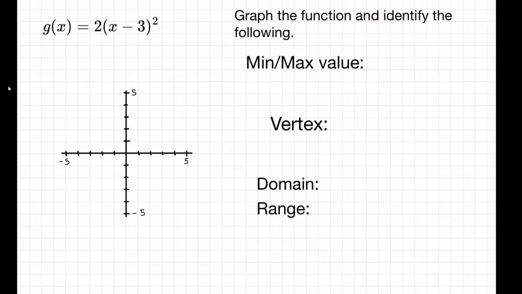All right. So when I go through this process, we would say, hey, I have a horizontal transformation here, where I'm going to shift right 3. But then I have a vertical transformation where I'm going to stretch the graph by a factor of 2. All right. What point am I going to plot first, though?